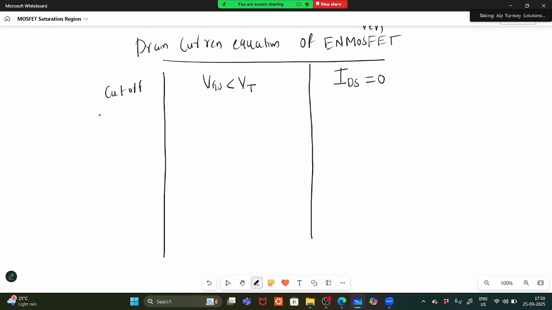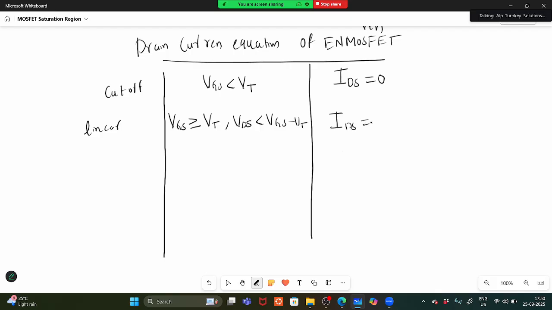And in the linear region, VGS is greater than or equal to VT, and VDS is less than VGS minus VT. So what is IDS?